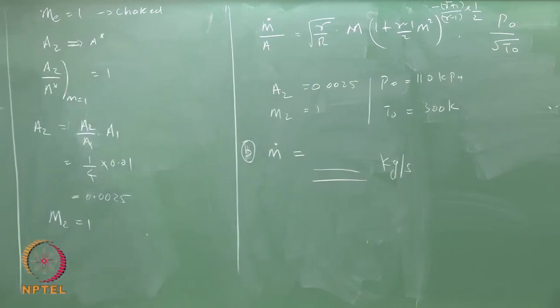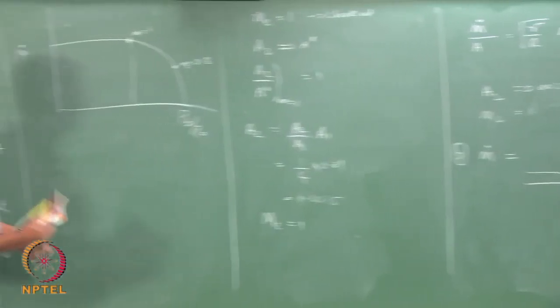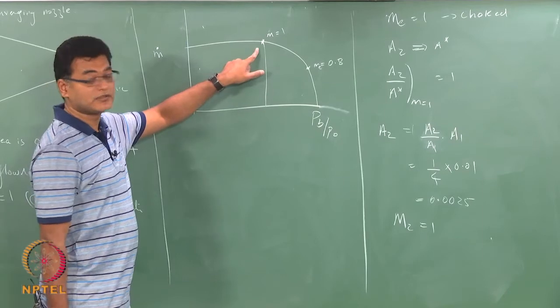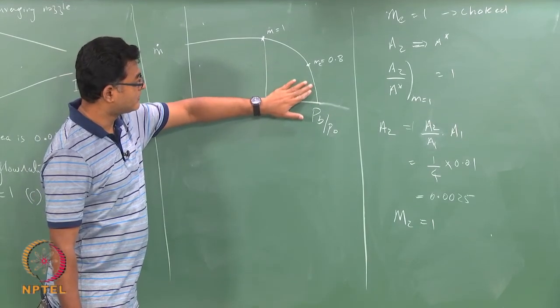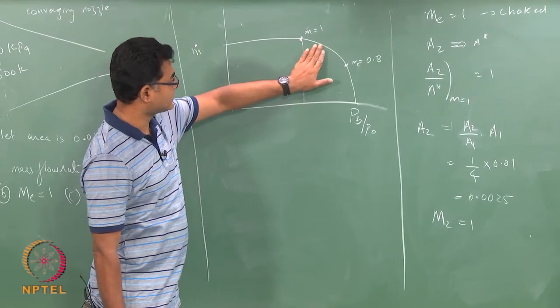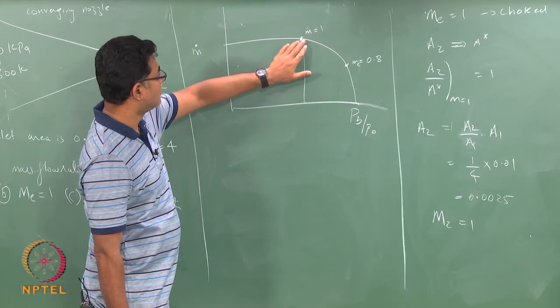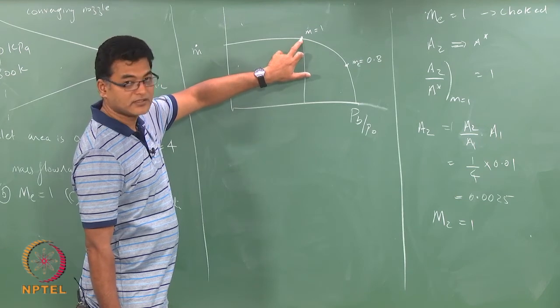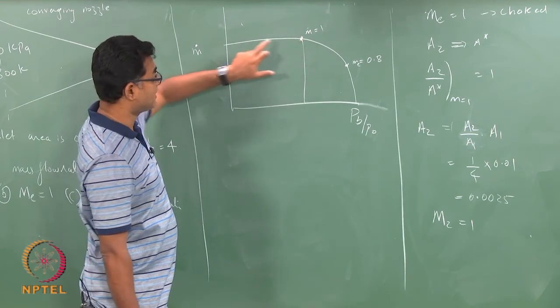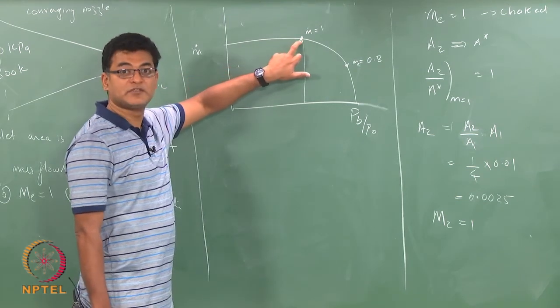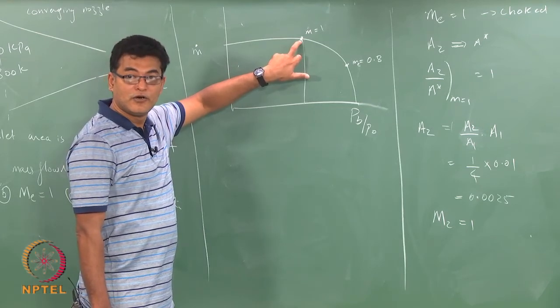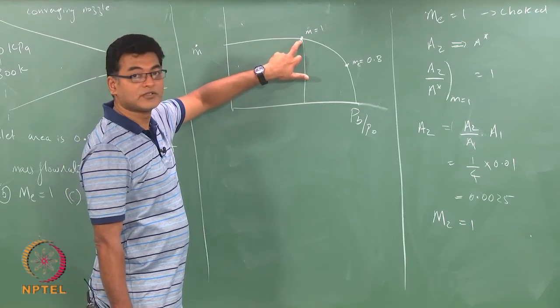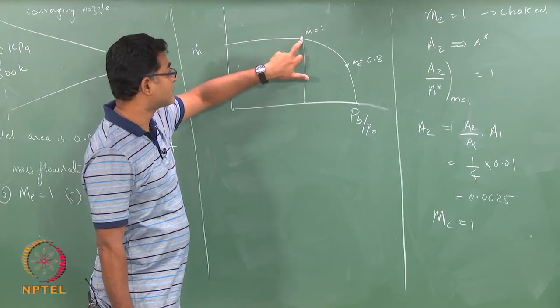Now, the third question, to answer that, all you need to do is look at this particular plot. So, if I reduce my pressure ratio, I would reach M equals 1 at some condition, and after that the mass flow rate is going to be constant, because we have reached the choked condition, which is the maximum possible mass flow rate through that particular area ratio.